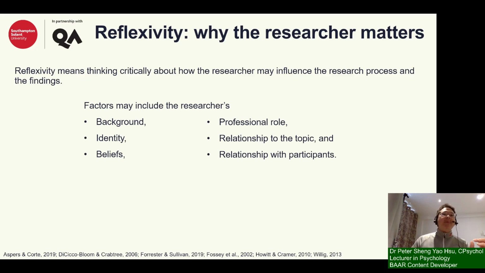For example, imagine a researcher is also a mature student. They may feel that they understand participants' experiences of balancing study, work, childcare, and family responsibilities. This shared experience may help build rapport because participants may feel understood.